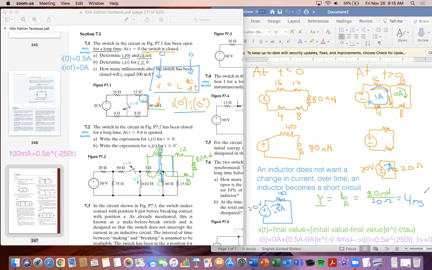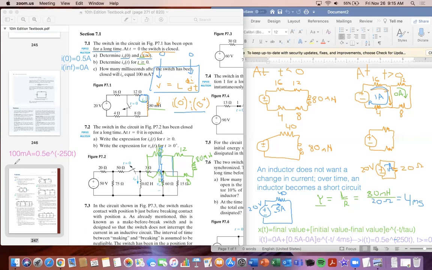When you solve this, you take the natural log, which will cause the exponential to cancel. Take the natural log of both sides. First, let me do 100 milliamps, 100 e to negative 3, divided by 0.5.